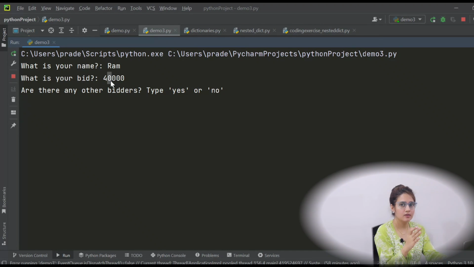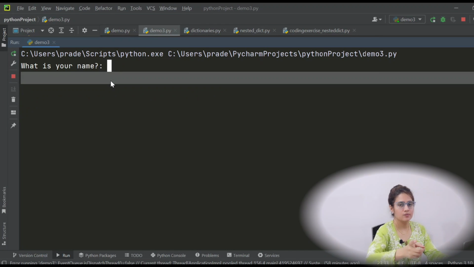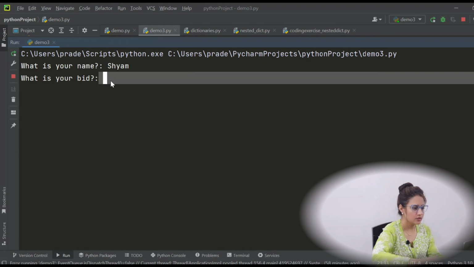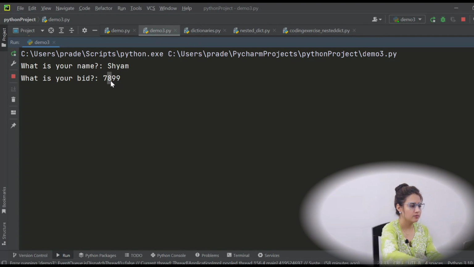If I enter yes, the previous screen would be cleared, because the other person is not able to see the other person's bid price. That is obviously the meaning of this secret auction program, right? Now what is your name? The next person is, suppose, Sham, and what is your bid?